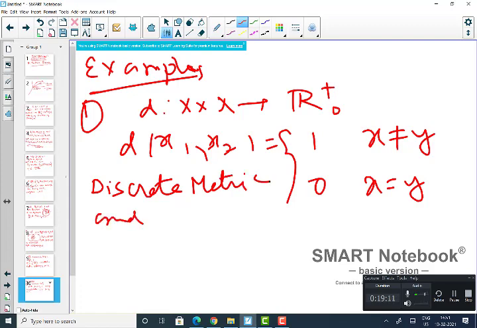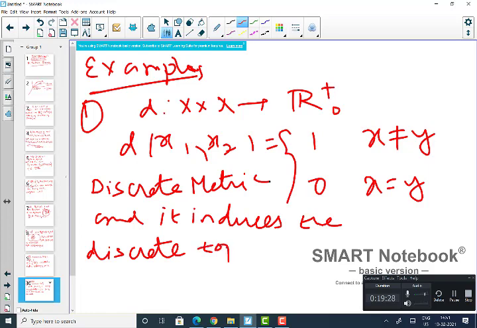and it induces what kind of topology? It induces something called the discrete topology on X. So it is clear why singletons are all open sets, because given any singleton and any other point which is different from that, the distance is 1, right?